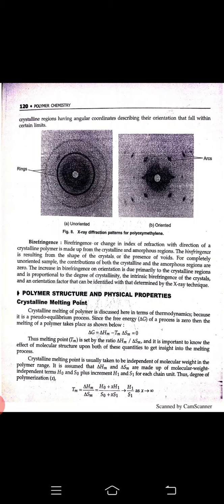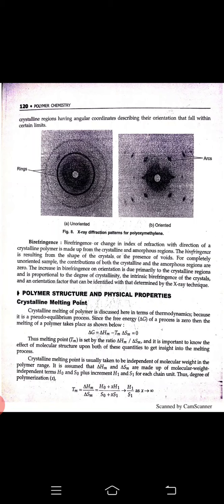The increase in birefringence with orientation is due primarily to the crystalline region and is proportional to the degree of crystallinity. The intrinsic birefringence of the crystal and an orientation factor can be identified with that determined by the X-ray technique.